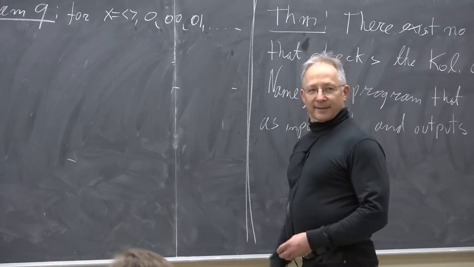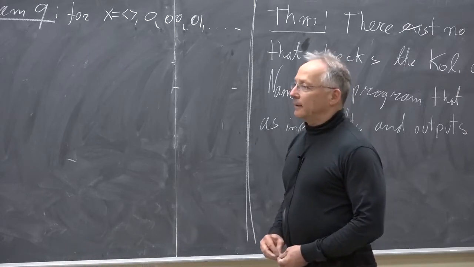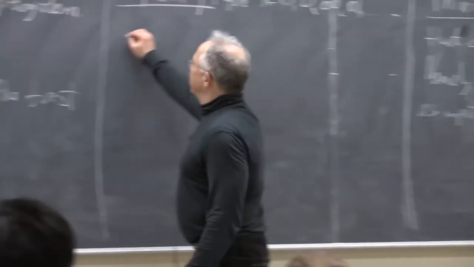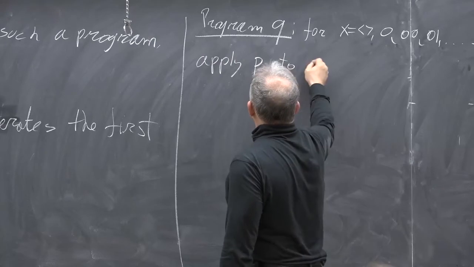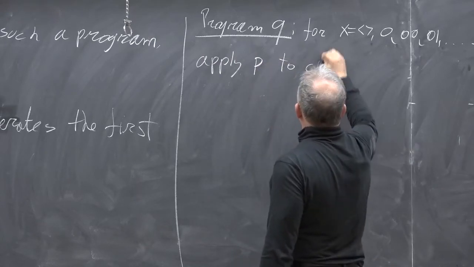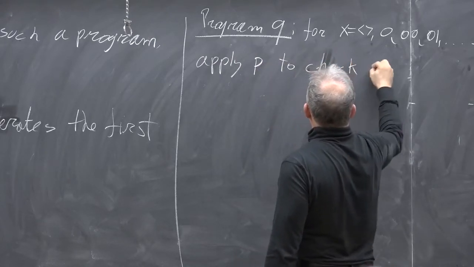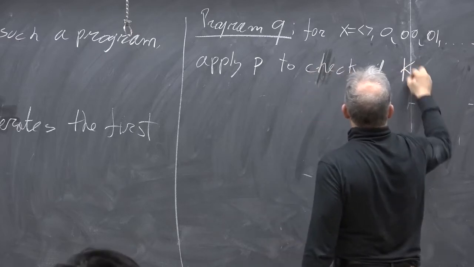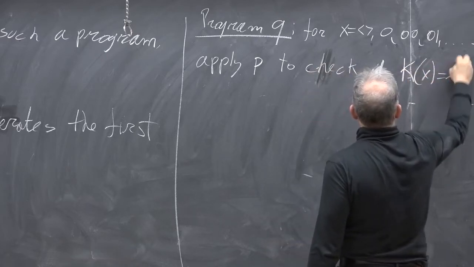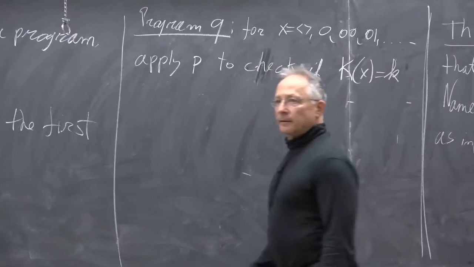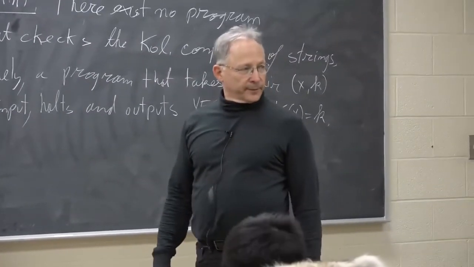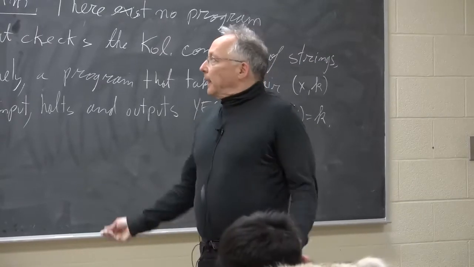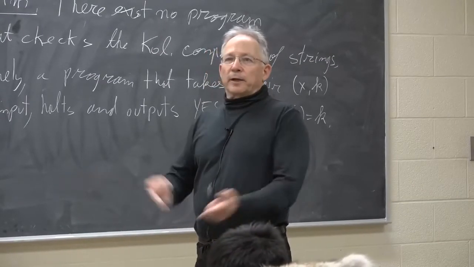For x, apply P to check if the Kolmogorov complexity of x equals k, because we assume that P knows how to check it. And output the first one on which you get the answer yes.